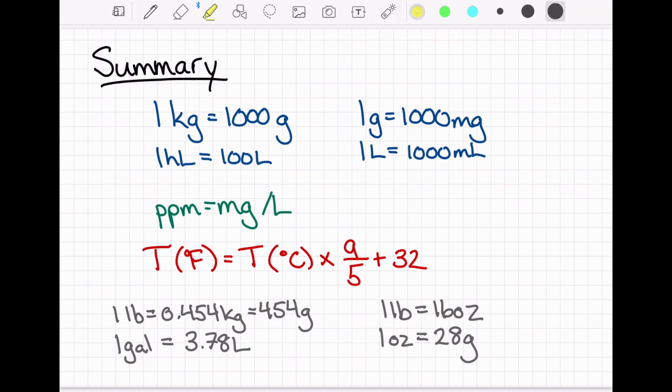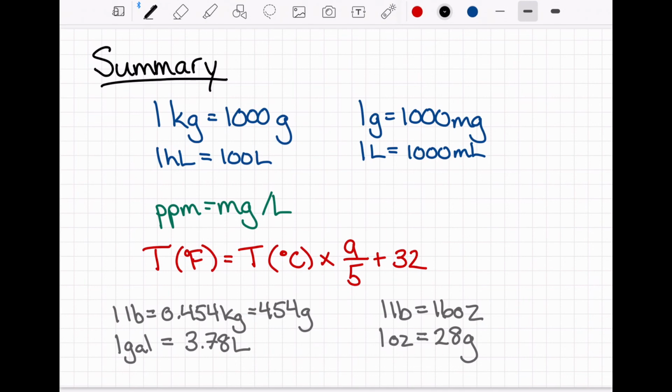ppm, or parts per million, is the exact same thing as milligrams per liter if you're talking about a water solution. That's a good one to know and understand because ppm gets used a lot in wine. The conversion between degrees Fahrenheit and degrees Celsius, the equation is presented here.